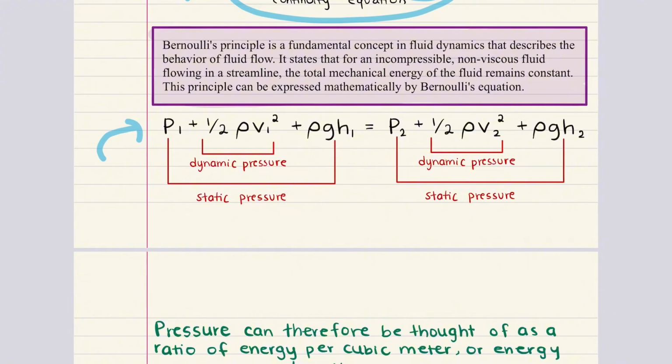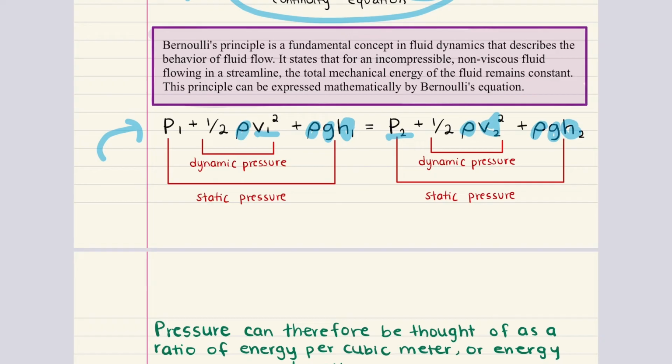In this equation, we have P1 plus 1/2 rho V1 squared plus rho multiplied by g multiplied by h1, and this is equal to P2 plus 1/2 rho V2 squared plus rho multiplied by g multiplied by h2.